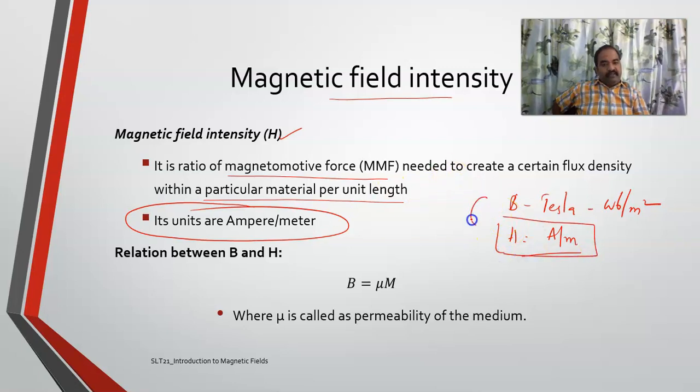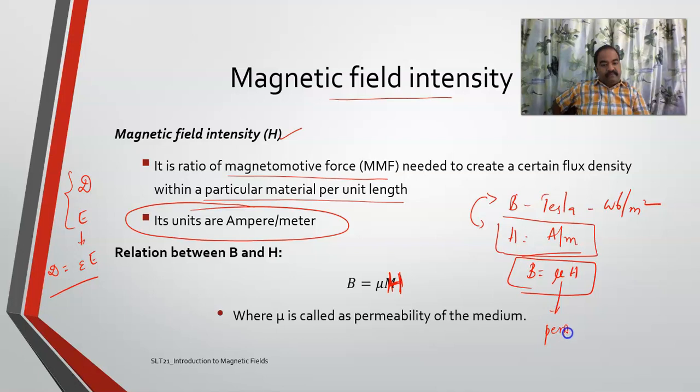And the relation between B and H: we have seen two similar terms, D and E, right? In electric fields, the relation between them was D is equal to epsilon E. Similar to this, here also we have B is equal to mu into H, where mu is called permeability.